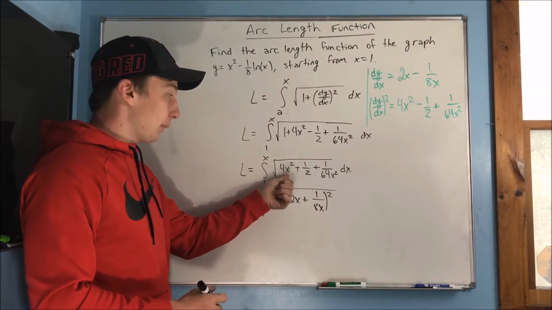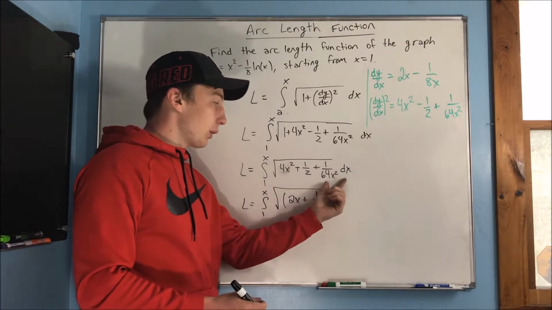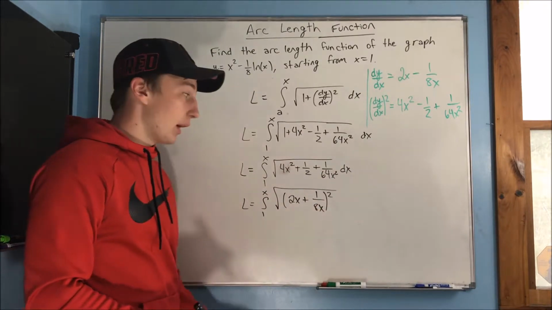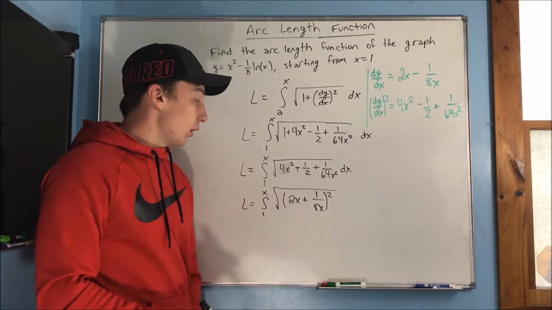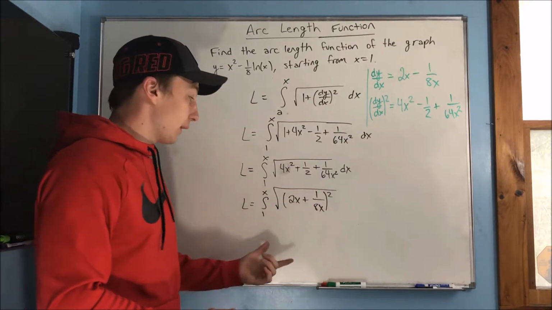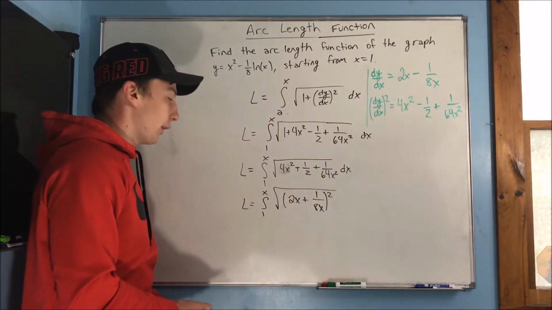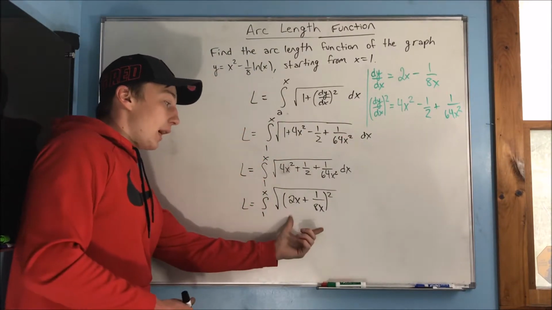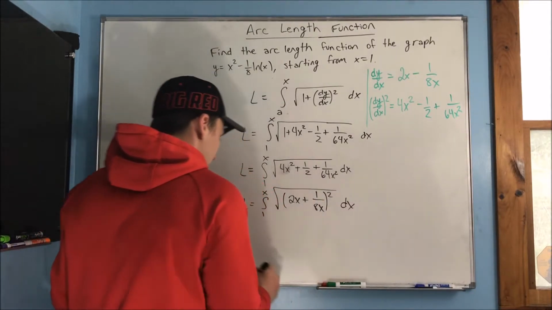I got 2x because that's the square root of 4x squared. And then 1 over 64x squared, you take the square root of that to get 1 over 8x. And when you end up foiling that out, that just happens to give you a 1/2 as well in the center because of what we did before. So anyways, that square is going to eliminate the square root. Don't want to forget that dx.